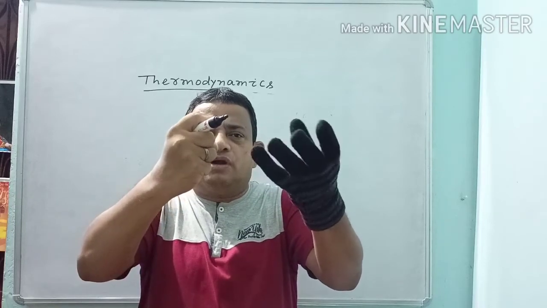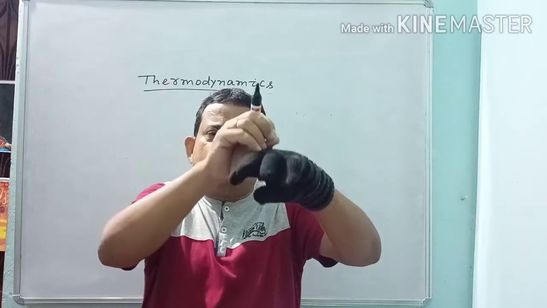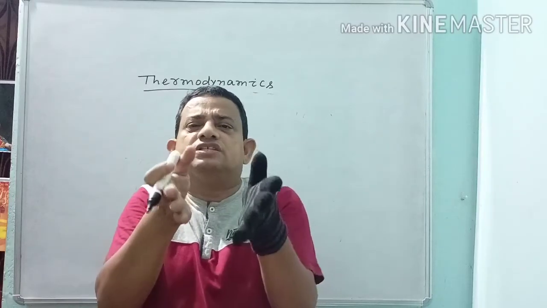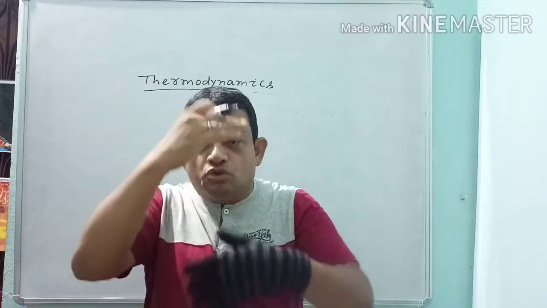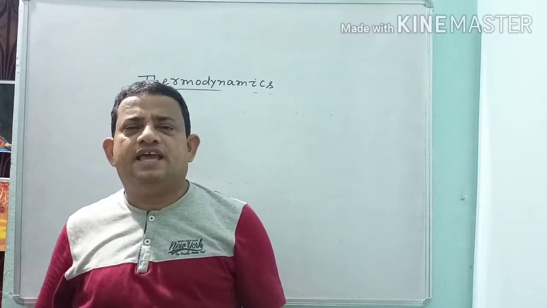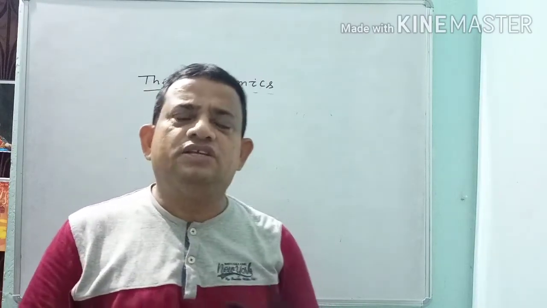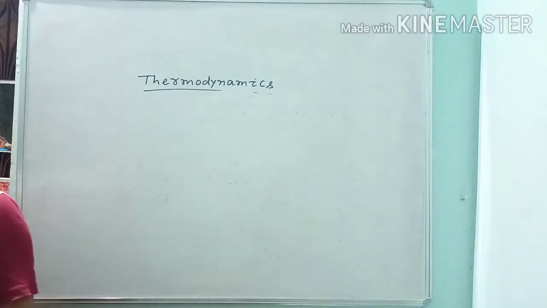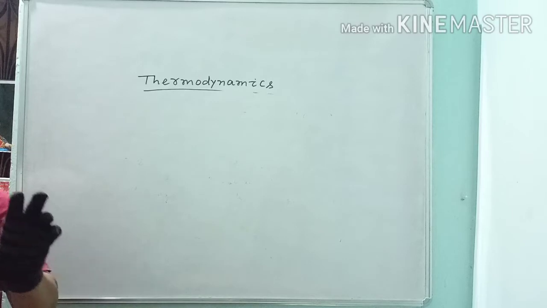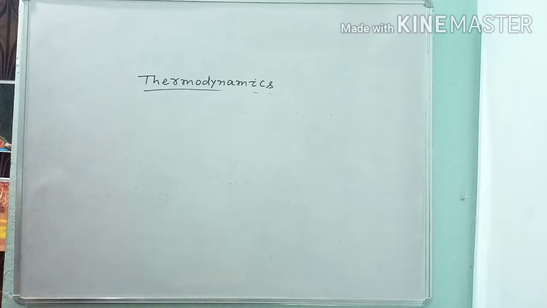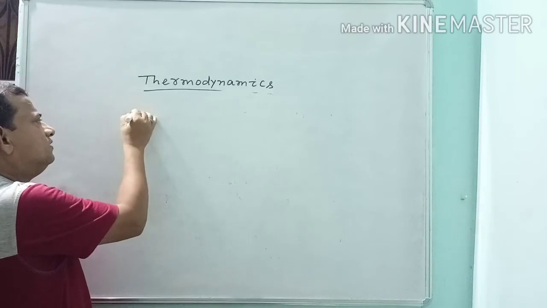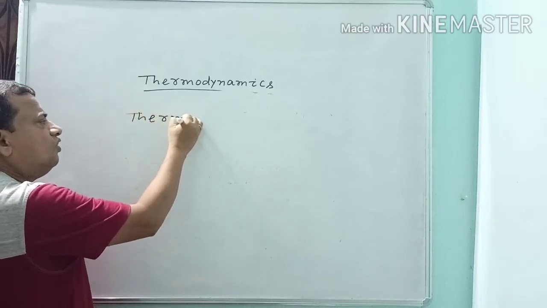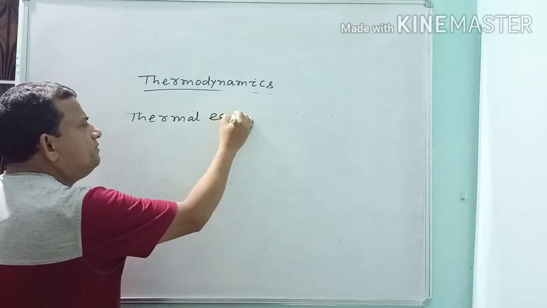Heat flows from one body to another body till temperature becomes same. So when temperature becomes same, this is what your thermal equilibrium. You can say two systems are said to be in thermal equilibrium when they have same temperature.